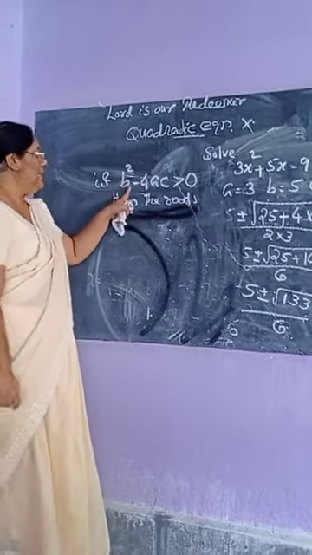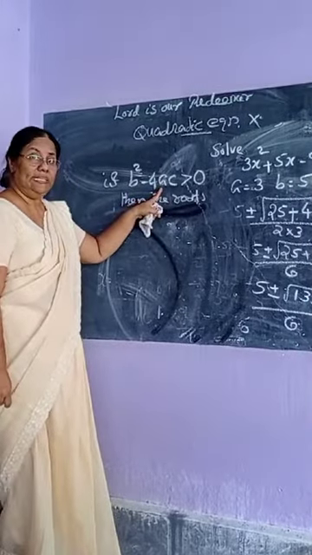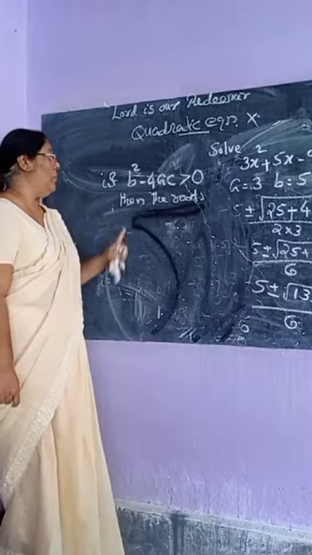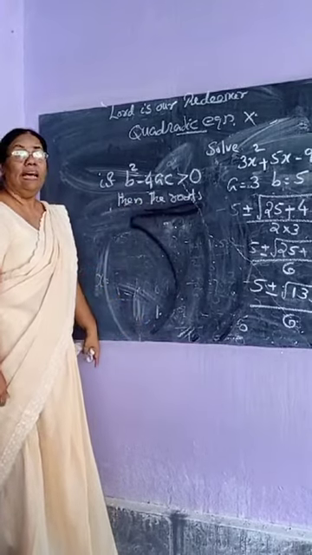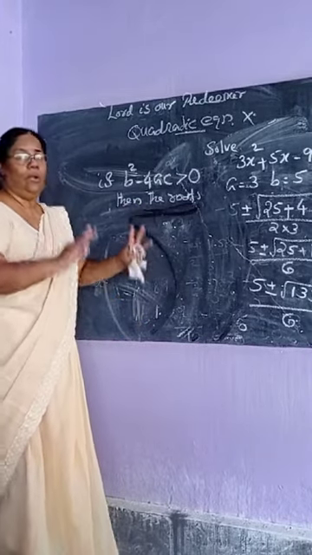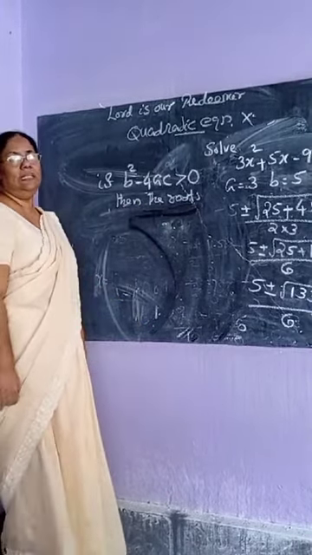If b square minus 4ac, or the discriminant, is greater than 0, then the roots are real and unequal, or distinct.